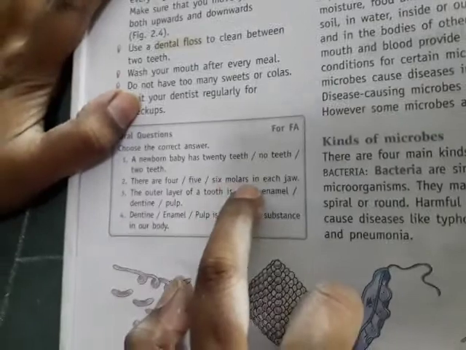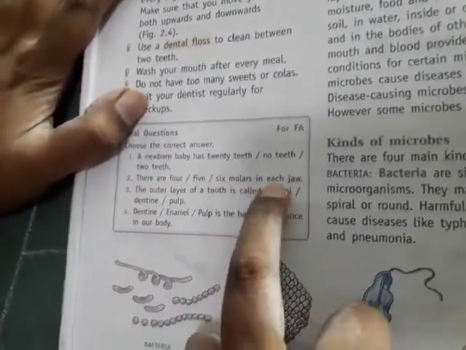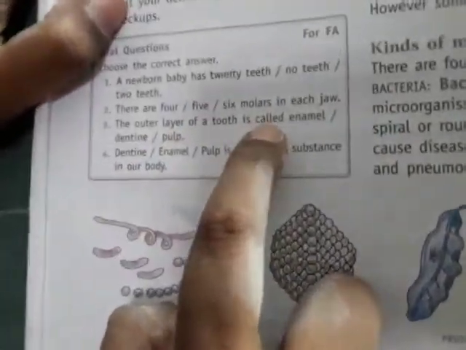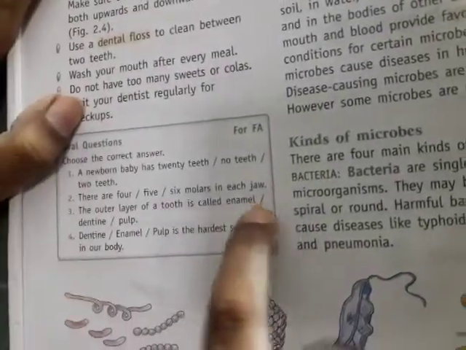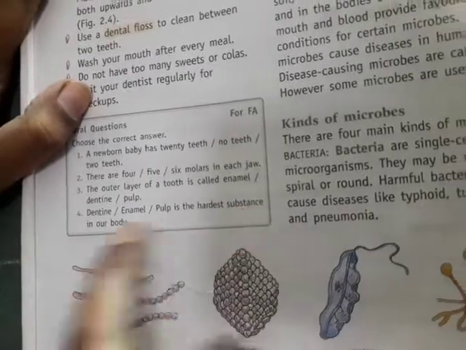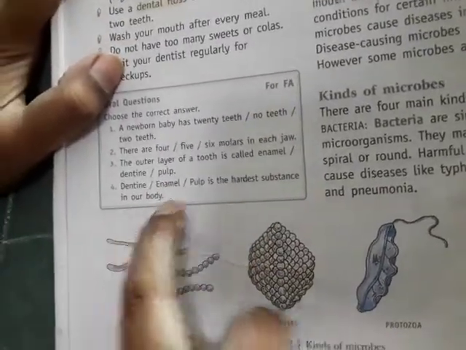There are 6 molars in each jaw. The outer layer of a tooth is called enamel. And enamel is the hardest substance in our body.